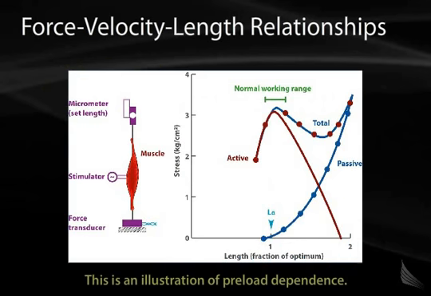In the next slide, we're going to introduce the force, velocity, and length relationship. When a muscle is contracted, its strength of contraction will depend on the baseline length of that muscle. This is known as preload dependence, and this is illustrated on the graph on the right.